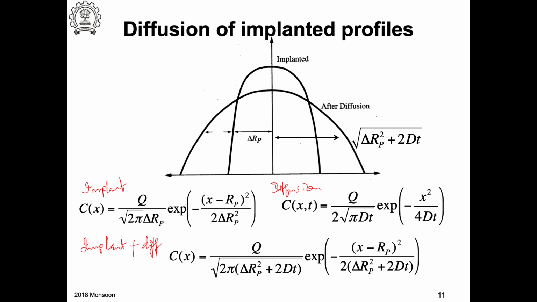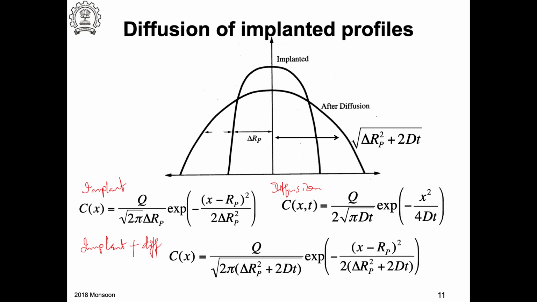So this is a case where you have an implantation, and this is the implanted profile, and we are talking about a Gaussian profile. Then if you take a diffusion, you can think of this as the dose of the things that are already implanted. Now you're trying to diffuse it.